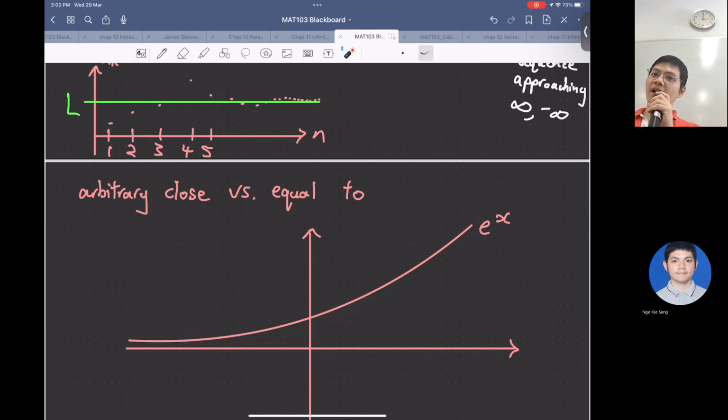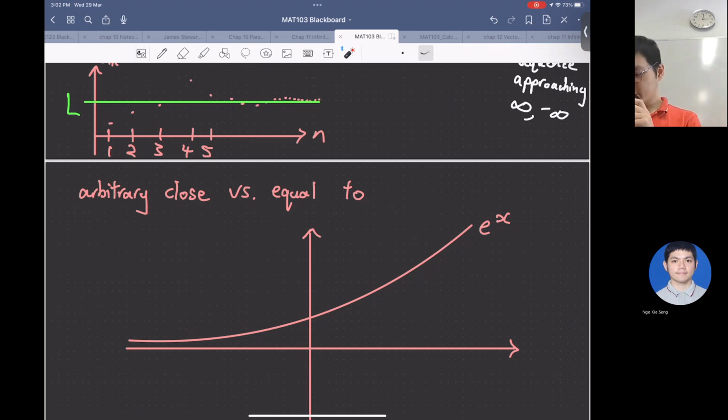No matter how close to 0 you want it to be, you can find a far enough term that is as close as you want to 0. That's what we mean by arbitrarily close. But it doesn't equal 0, because you cannot find a point that evaluates to 0. Okay, you can differentiate these two concepts now.